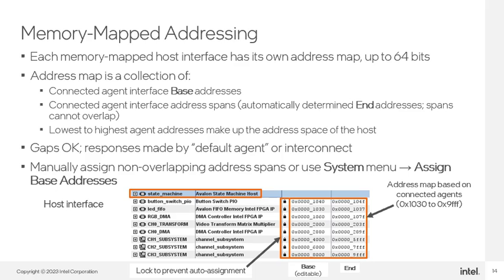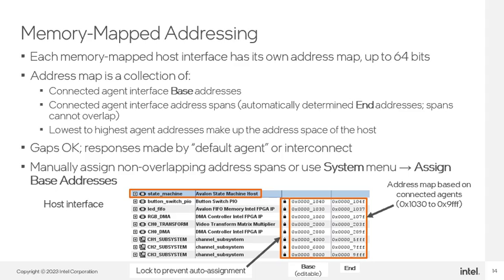To change the assigned address for a particular agent interface within the address map of the connected host, double-click the agent's base address and type in a new address. This is defining an offset from address 0 of the connected host, where the host will start accessing this component.